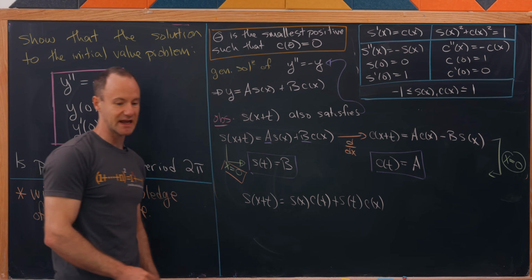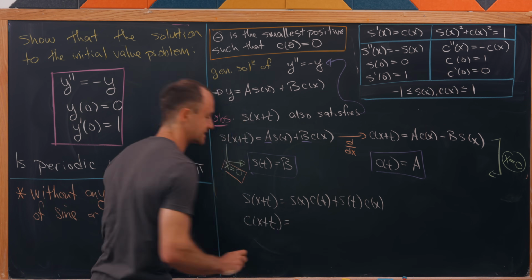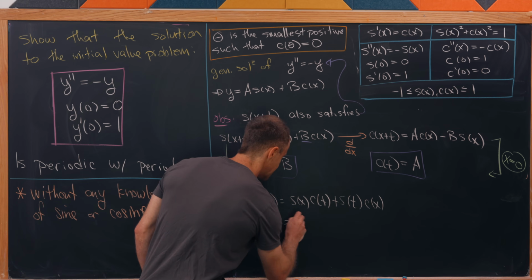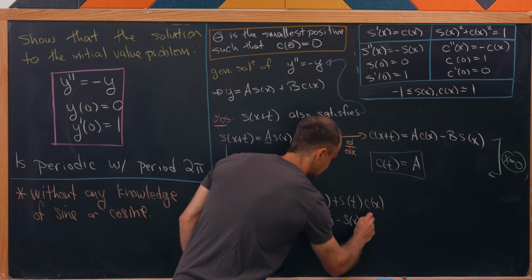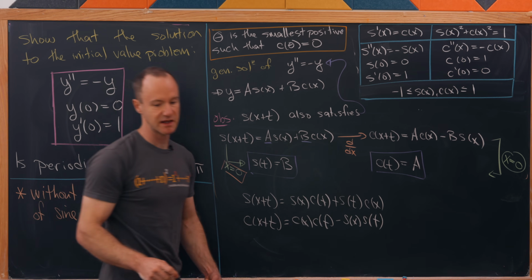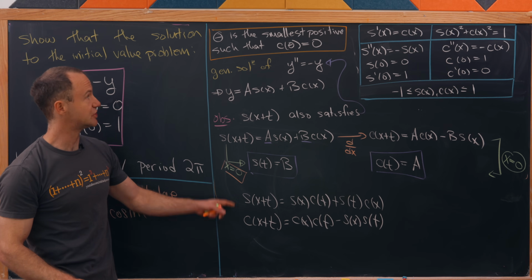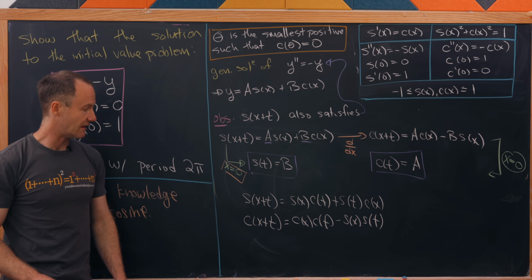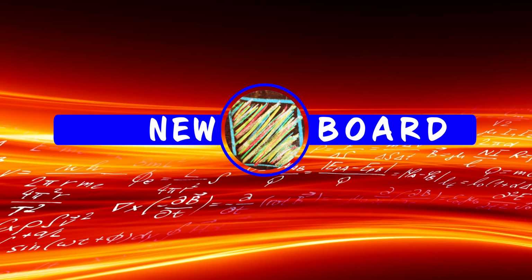And then using extremely similar techniques, we can get c of x plus t is equal to c of x, c of t, minus s of x, s of t. So I'll let you determine that on your own. Okay, so now let's bring those two facts up here, and then I think we have all the tools we need to finish this off.